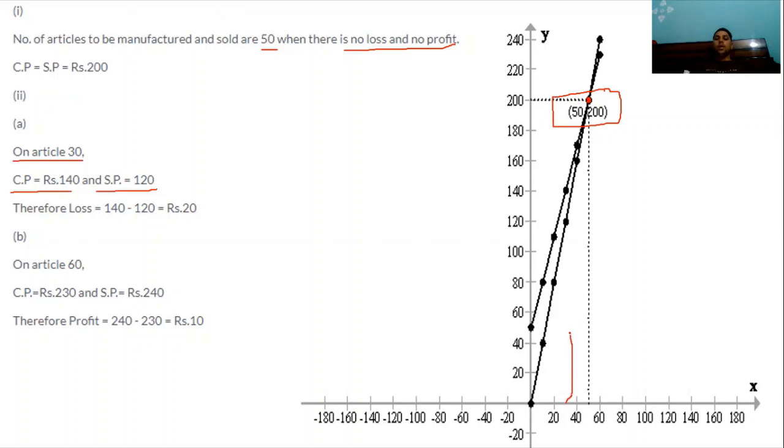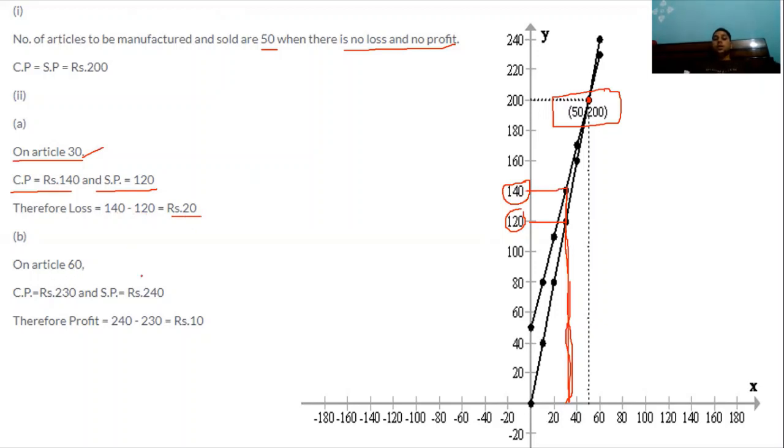When we drop a perpendicular, it will meet one line at this point and the other line at this point. So one is 120 and another point is 140. So cost price is 140 and sale price is 120 on 30. So what will be the loss? Loss will be 140 minus 120, which is equal to rupees 20 here.